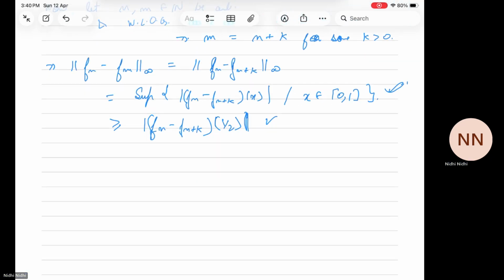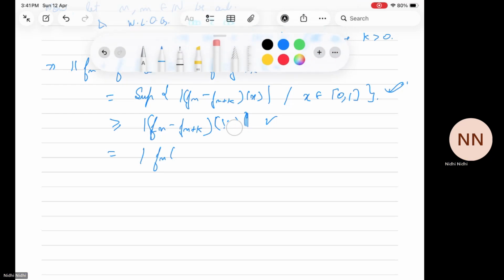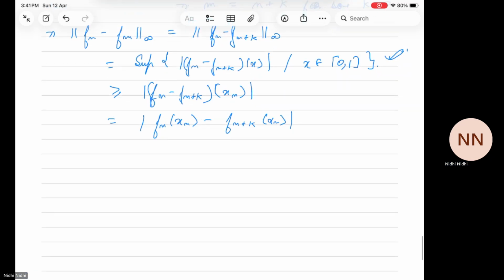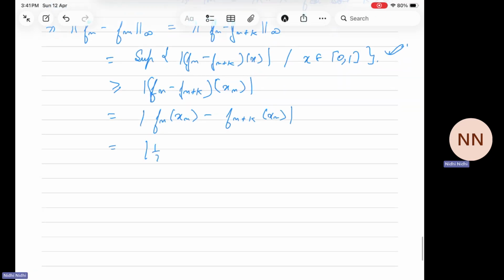So now this is equal to Fn at, not at 1 by 2, sorry, at xn. Fn at xn minus Fn plus k at xn, where Fn at xn is equal to 1 by 2.